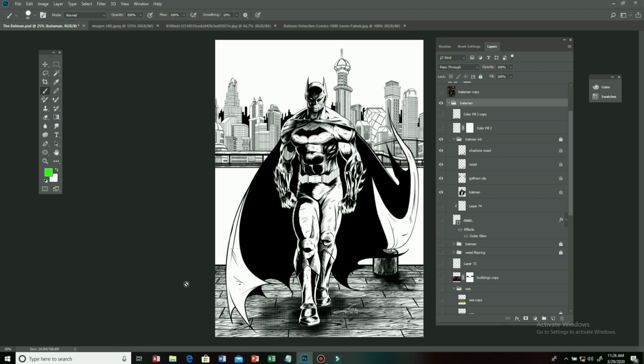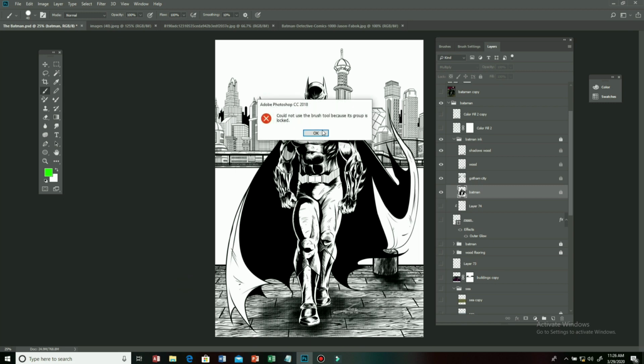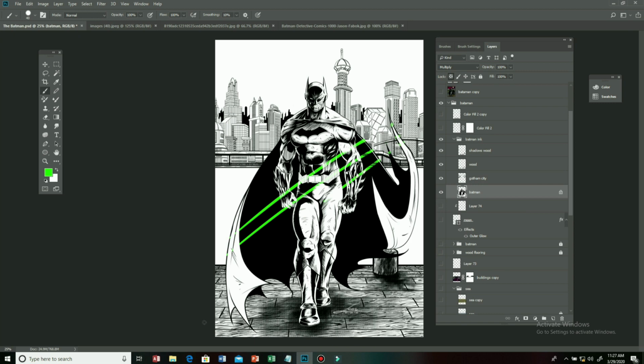So as I divided this, I can have full control on Batman. Whatever I do in Batman won't go anywhere else. So when I want to add color on him, it won't go through the buildings.